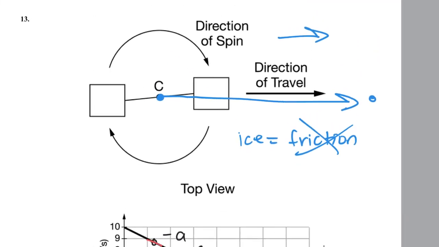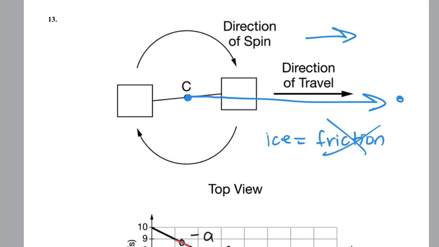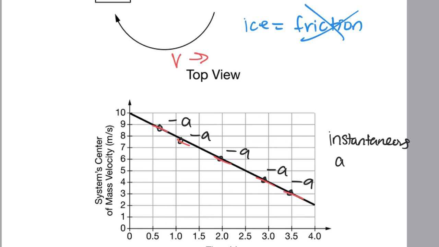If we look at the picture format, we know that the object is traveling in one direction. And since the object isn't speeding up, due to the looks of the graph, the velocity is going to be decreasing.